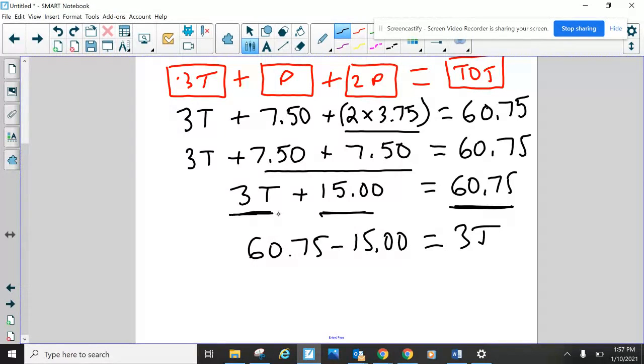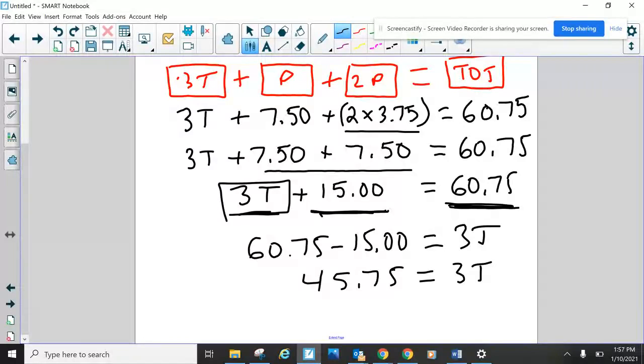Because the tickets plus the food together equal the total. Therefore, the total minus the food should give me the cost of the 3 tickets. I hope you followed that. All right, so this is going to be $45.75, and that's simply subtraction, is equal to the cost of 3 tickets.